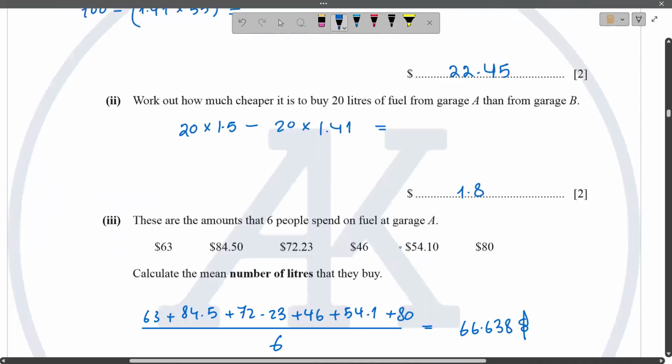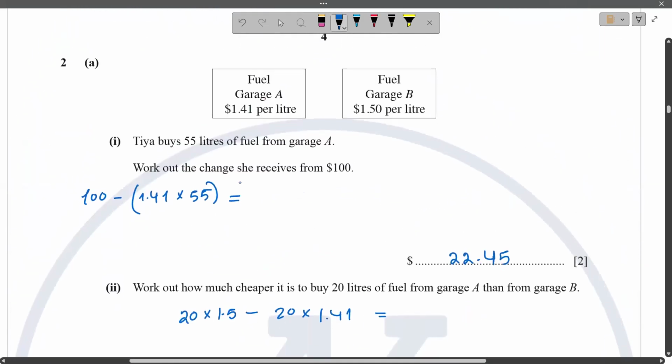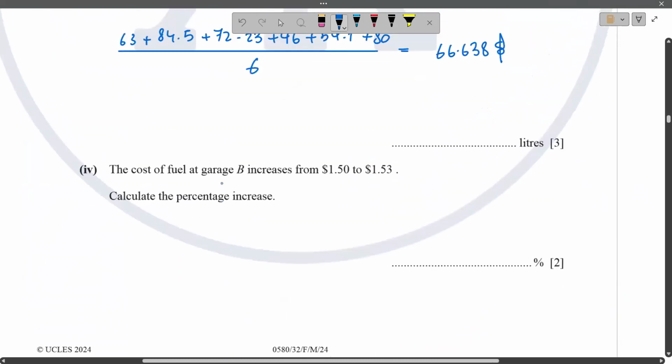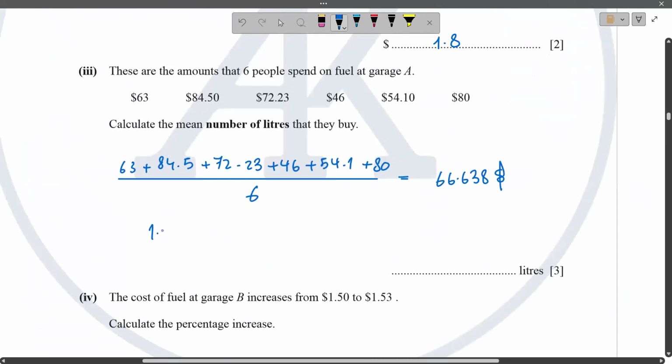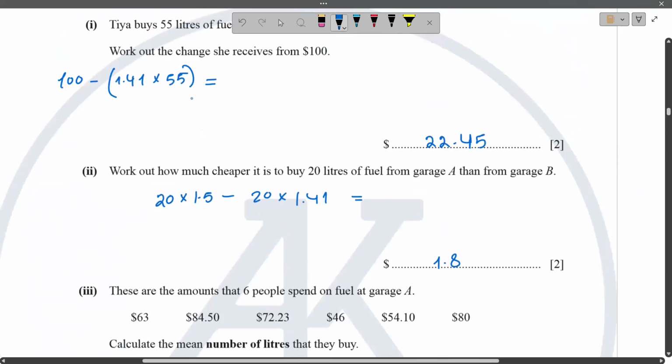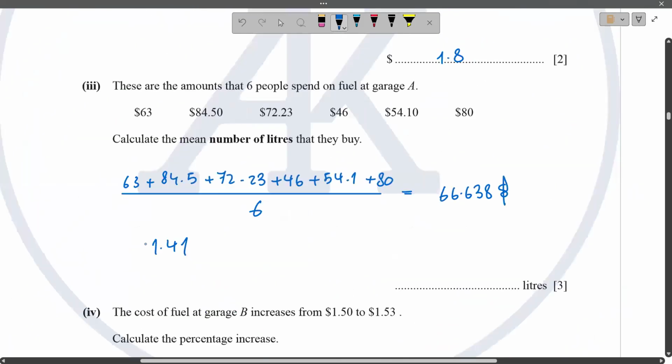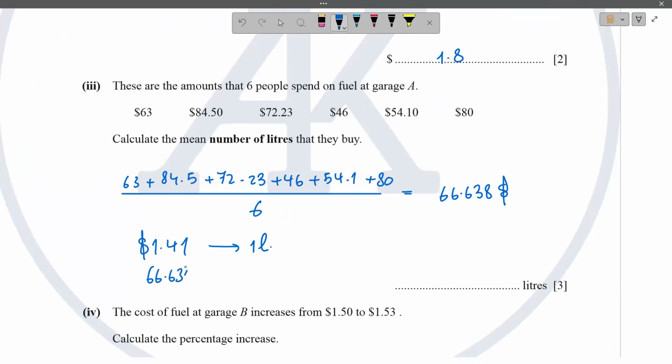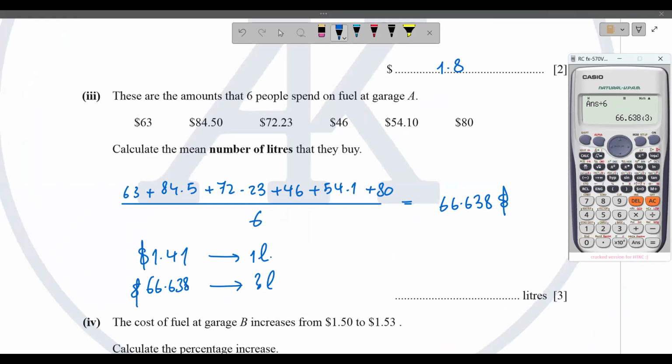So in garage A, I'm going to write the equation here, which is 1.41 dollars per 1 liter. So $66.638, how many liters? Cross multiply. So I'm going to divide this number by 1.41, which is equal to 47.26.